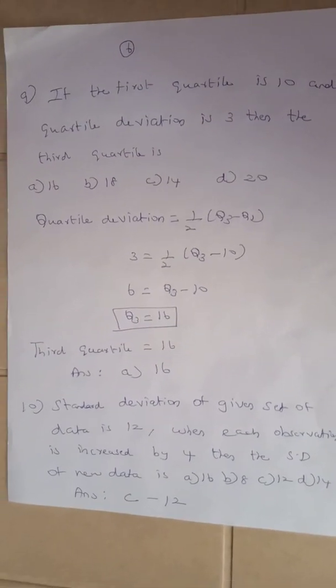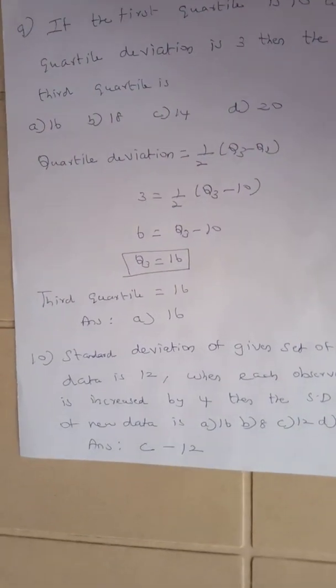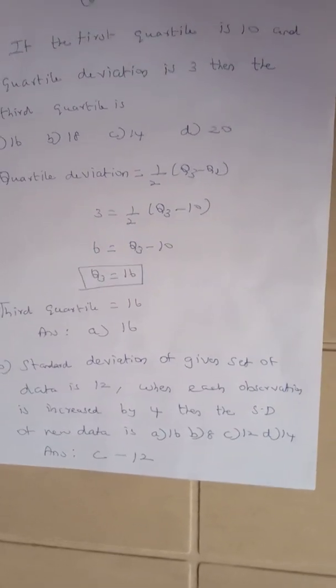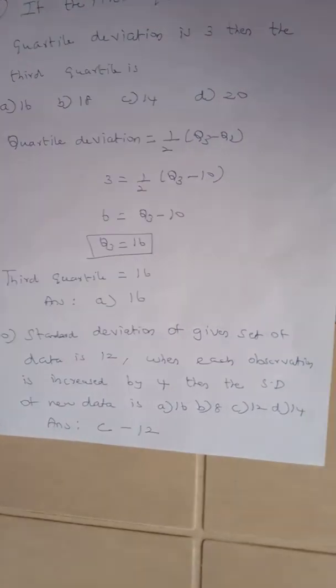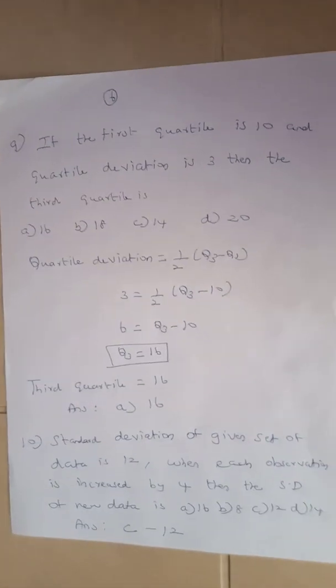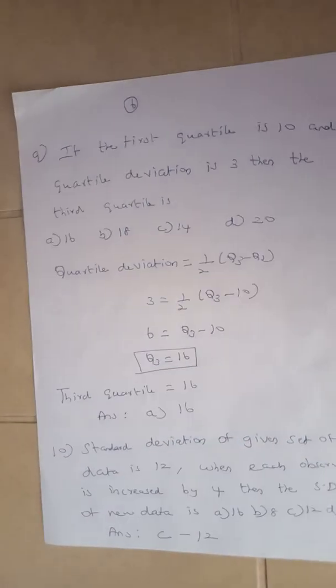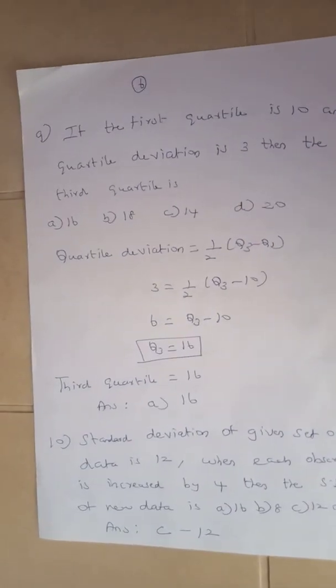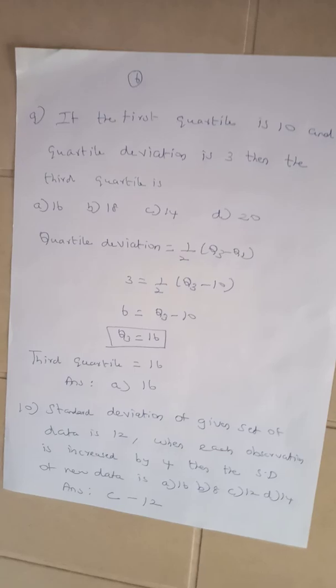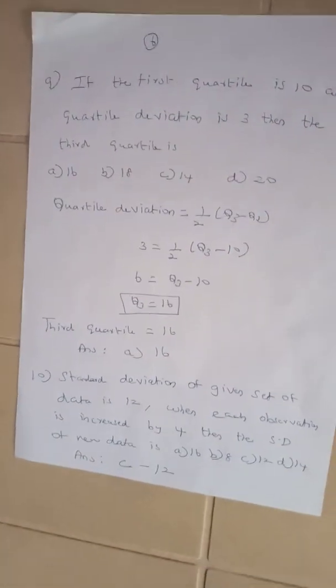Then the third quartile Q3 we need to find, which is the upper quartile. So we are substituting in the formula quartile deviation is equal to 1 by 2 into Q3 minus Q1. So when you substitute, we get the third quartile, which is equal to 16. So the correct answer is option A 16.